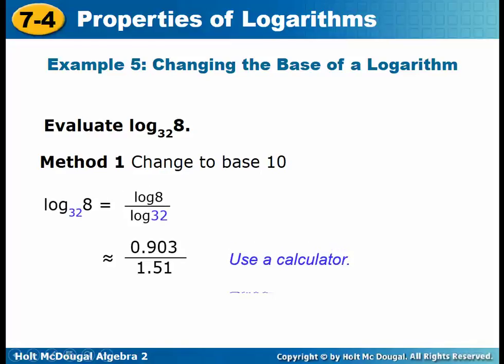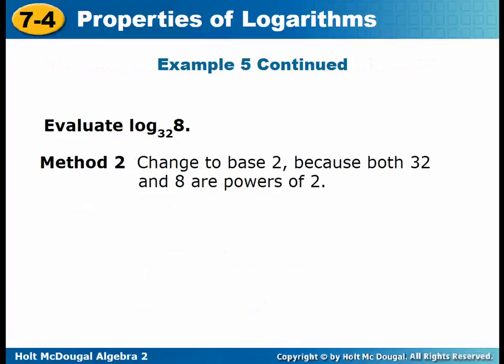There's that problem finished off, which I think maybe tells us that we could have simplified that one in our head if possible. All right, so this is another method. They're saying you could change it to base 2 because both 32 and 8 are powers of 2. Oh, so they recognize that 8 would be 2 cubed and 32 is 2 to the 5th.